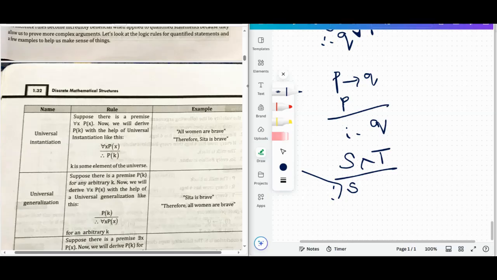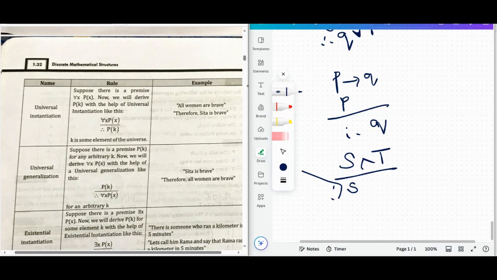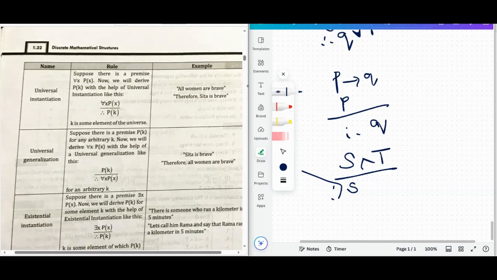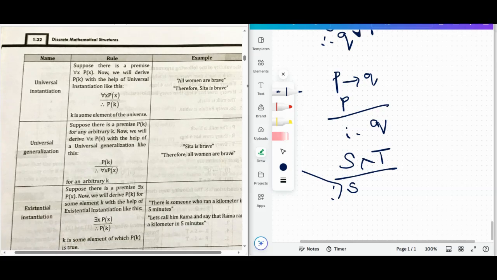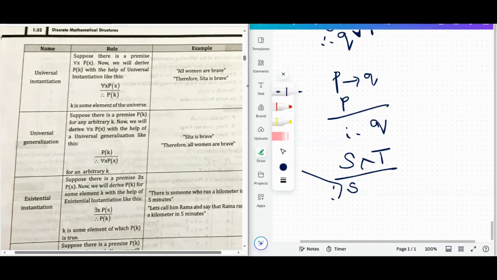For example, all women are brave, therefore Sita is brave. If all women are brave, then Sita is also brave, because Sita is a woman. The second one is universal generalization, that is if P(k) is true, then for all x P(x) will be true. That is, Sita is brave, therefore all women are brave.